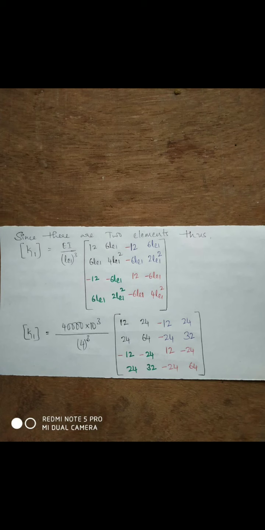From the problem definition, we have the value of E into I as 40,000 kilonewton per meter square. When converted into SI unit, the resultant number to be written in the numerator of the K1 expression is 40,000 into 10 to the power of 3.